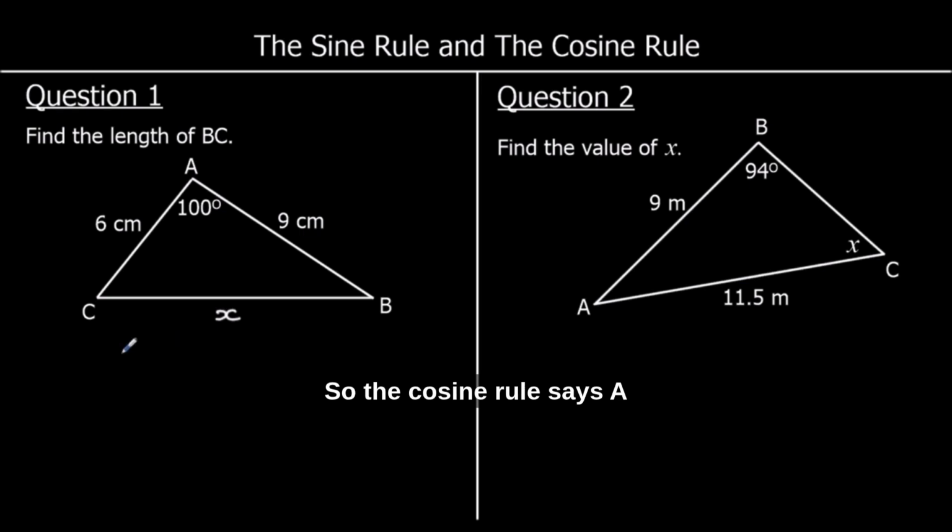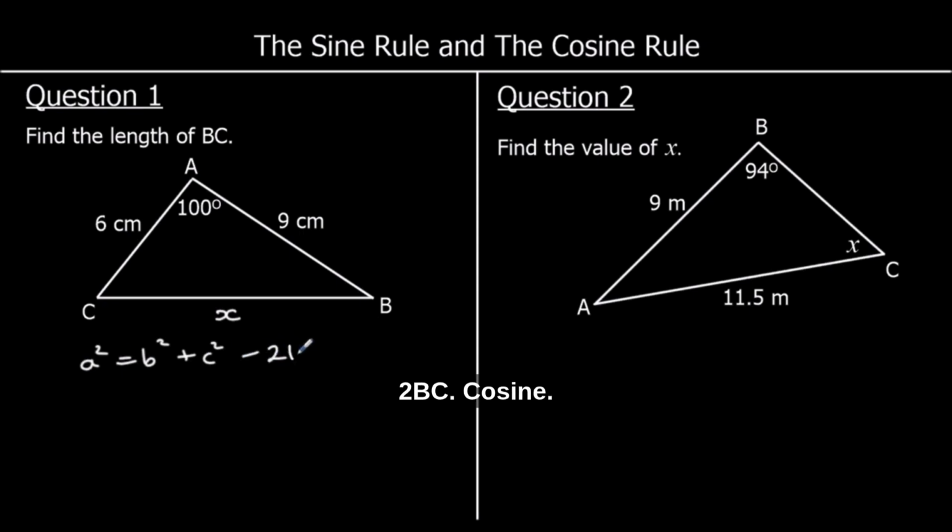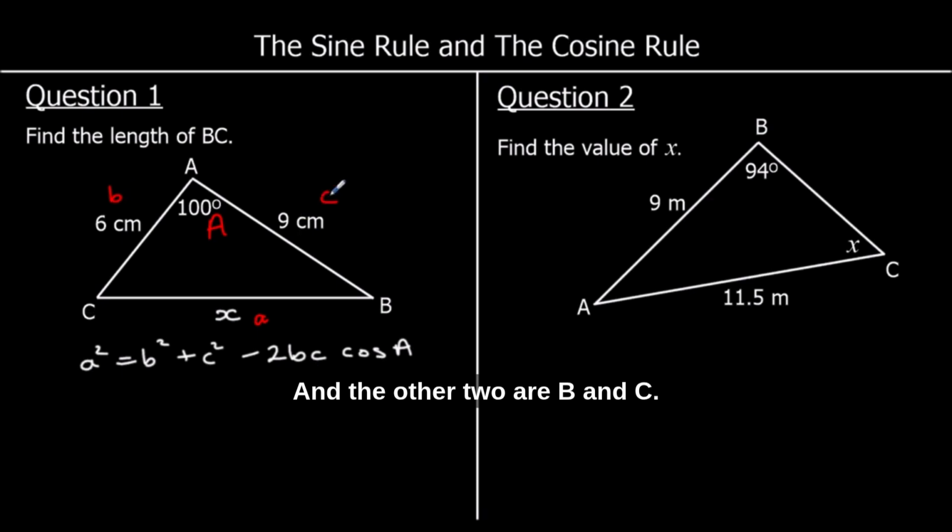So the cosine rule says a squared equals b squared plus c squared minus 2bc cos A. So big A will be our angle, little a is opposite big A, and the other 2 are b and c. So let's substitute.